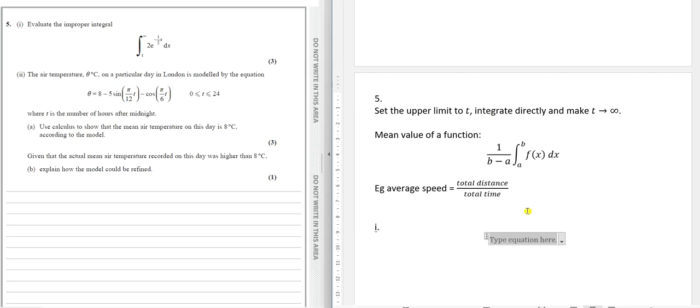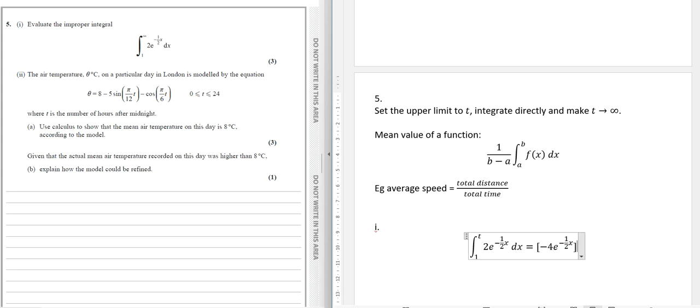So for the first part, I want to consider the integral from 1 to t of 2 e to the minus a half x dx, and that immediately is going to get evaluated. E to the minus a half x integrates to e to the minus a half x divided by minus a half, which means I'm multiplying by minus 2. I already have a 2 in front, so that becomes minus 4.